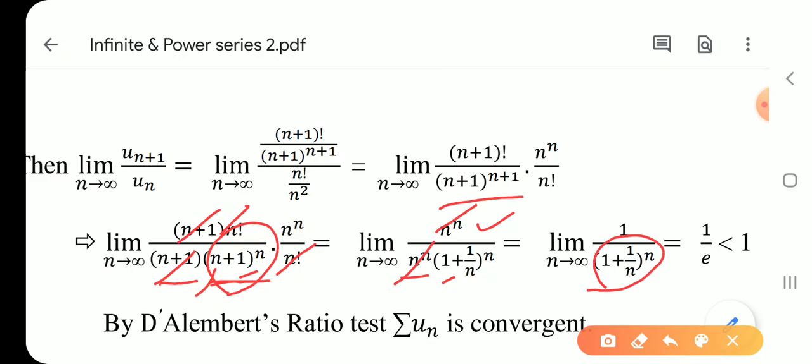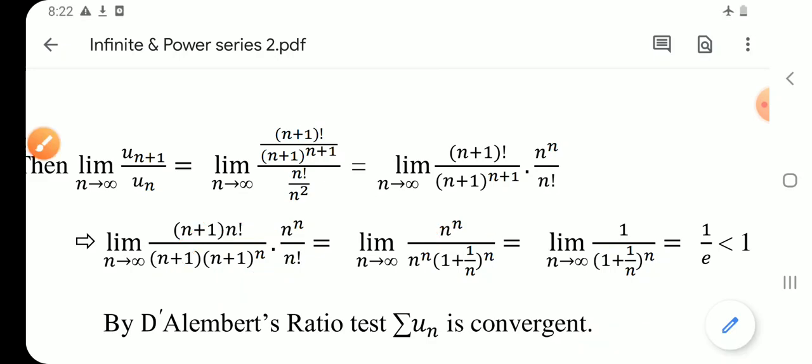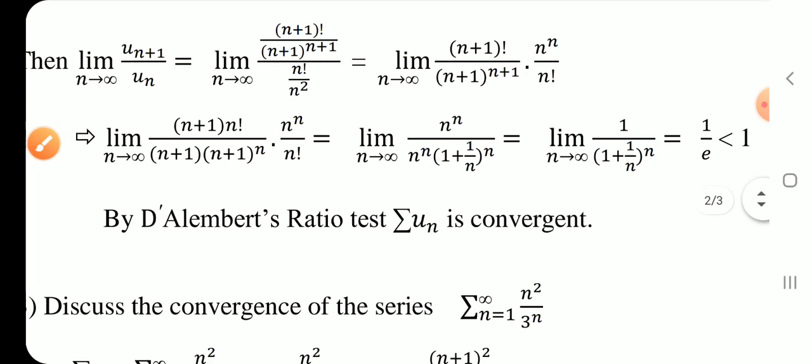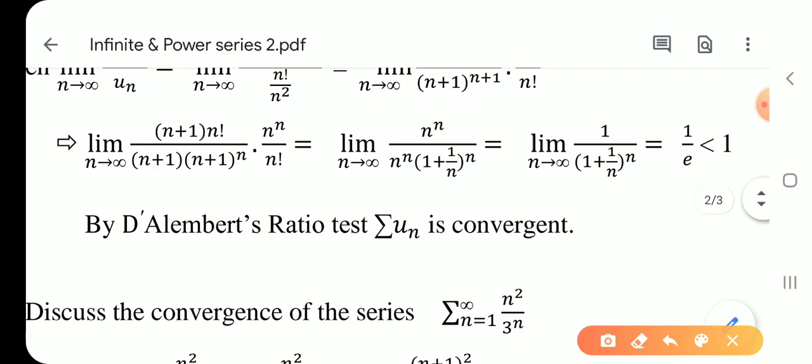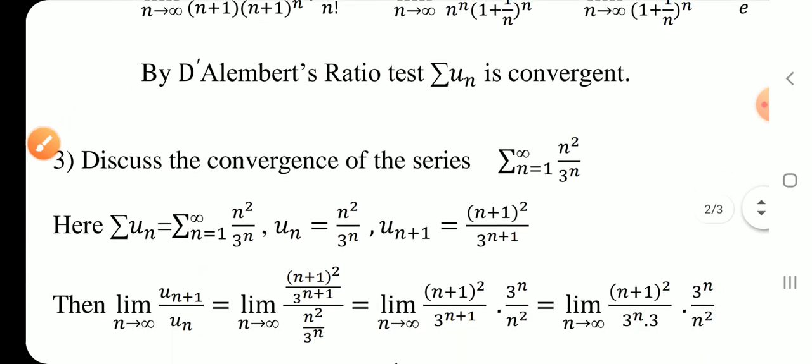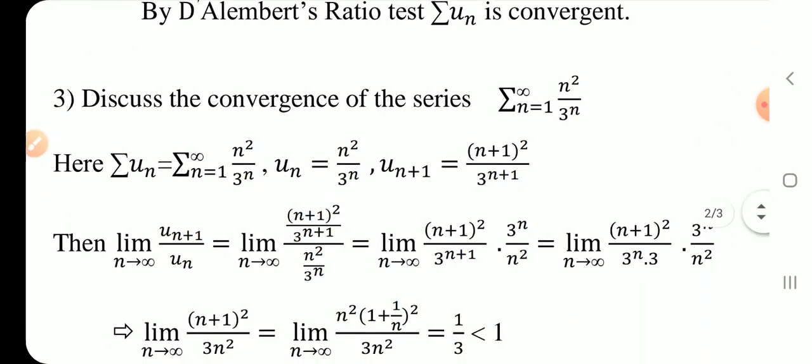I have already given in the note the value of this is e. So it becomes 1 by e. Check using your calculator: the value of 1 by e is less than 1. Since the limit of n tends to infinity un plus 1 by un is less than 1, by D'Alembert's ratio test, the series is convergent. Let us move on to the next problem.